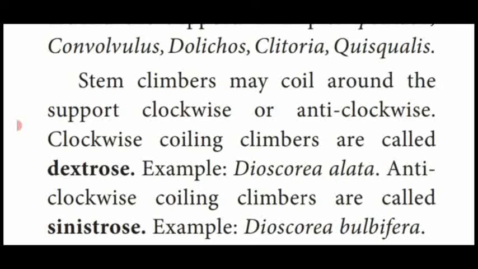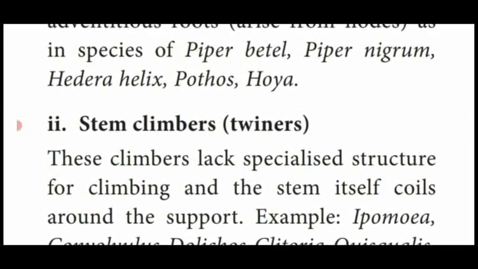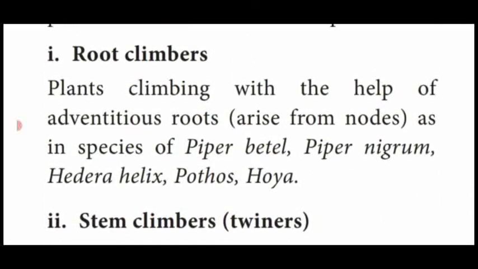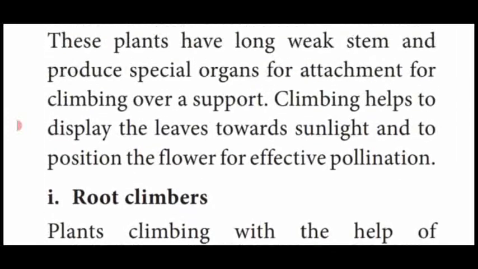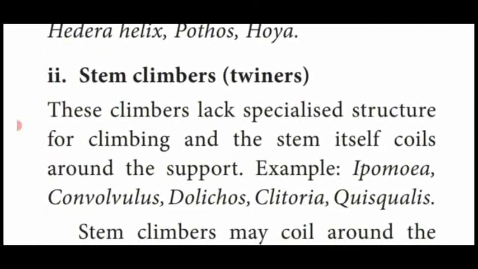Example, Dioscorea bulbifera. Both of them are the same genus, but the species is different, showing two coiling natures. One is clockwise, that is dextrorse. Another one is anti-clockwise, that is sinistrorse. So this is the stem climbers. Under the climbers topic, we have seen root climbers, and another one is the stem climbers.